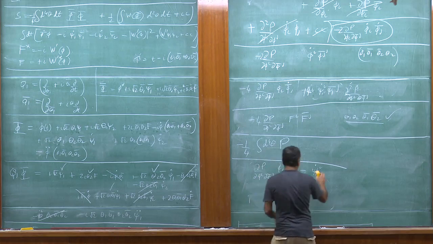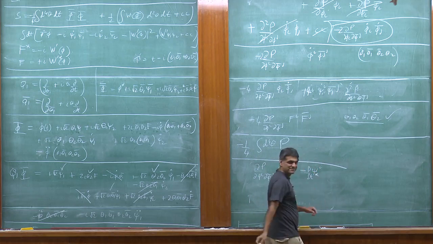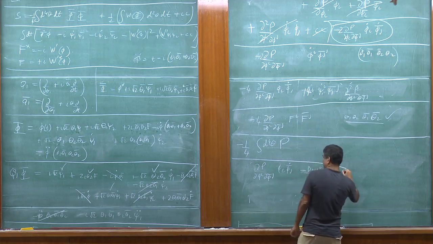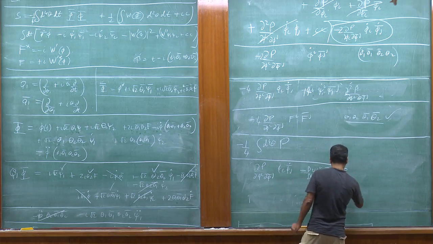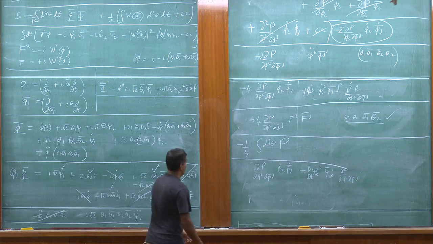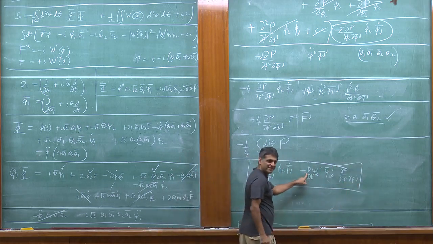So this was this. Now we will make this d by dt. Psi a j bar del p by del phi I del phi bar j. And that's it, where this is the usual thing, right?